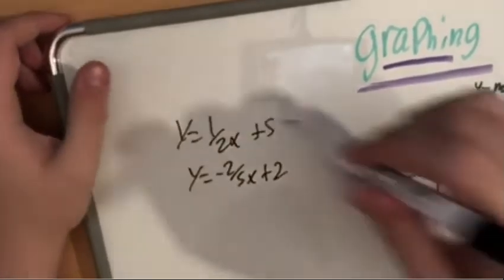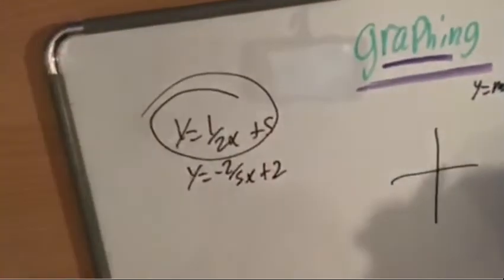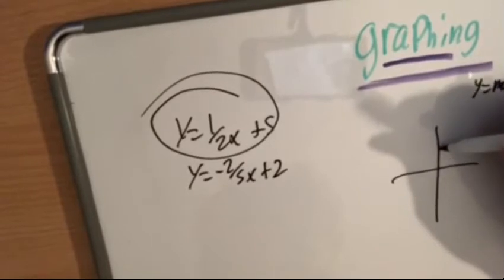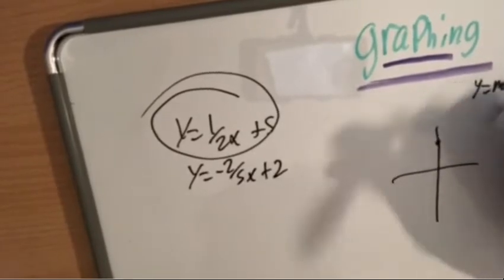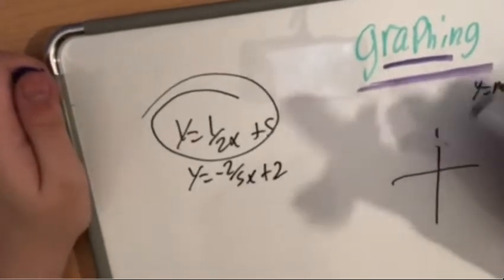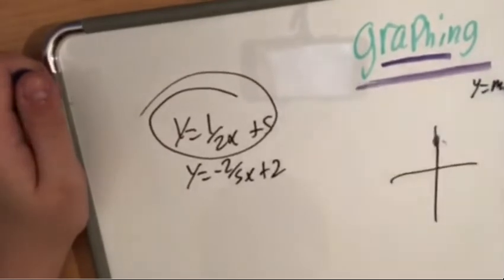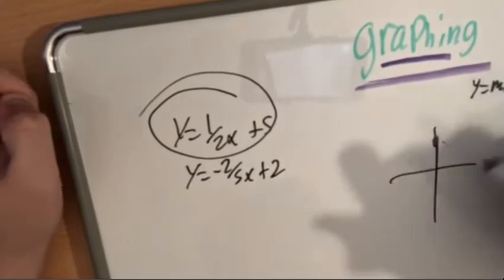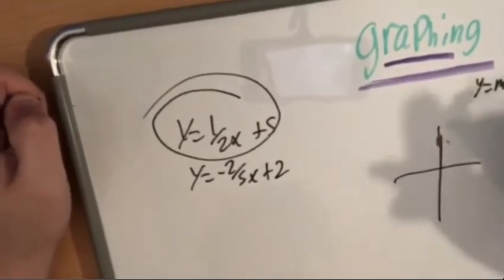And we're going to do this one right here first. So we're going to go up 5. 1, 2, 3, 4, 5. I'm going to get a different colored marker for this. So there's our first point. And then it's a positive slope, so it has to be going up.